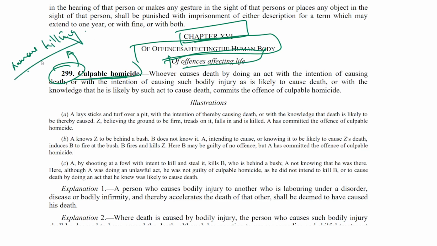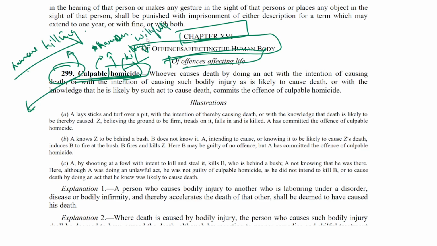Human killing in Latin terminology is known as culpable homicide. Homi means human, and cide means killing. And culpable means willful.